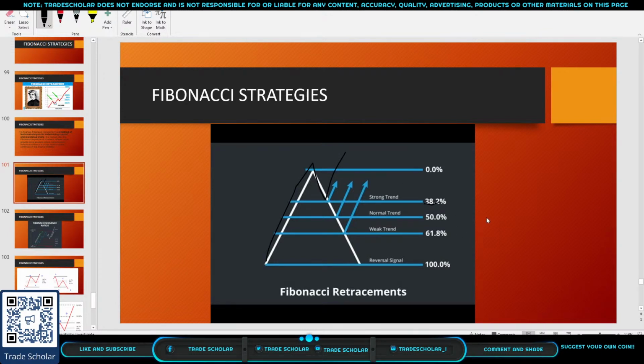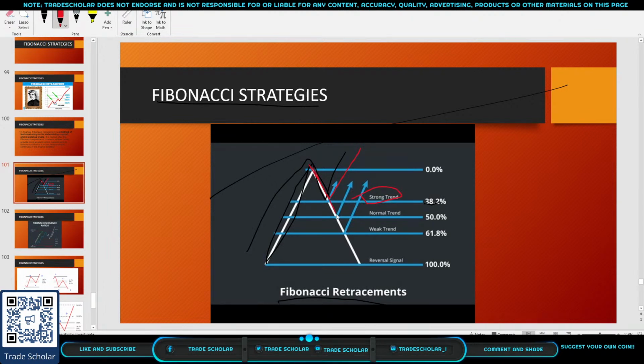Okay, 0.382. Meaning, the market will not always go up. There will always be what we call a retracement. That's why it's called Fibonacci strategy or Fibonacci retracement. There will be a going up and a retracement. So if it retraces to 0.382 and bounces there, then it's a strong trend.